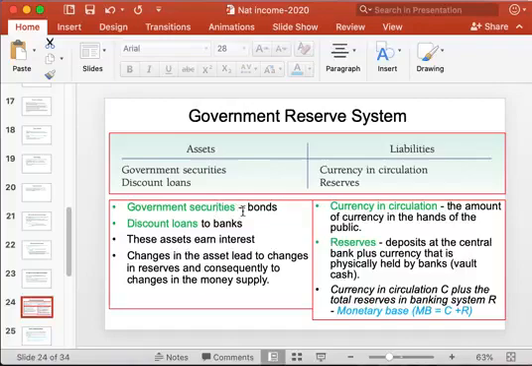That way, the currency is withdrawn from the economy or the supply of money decreases.